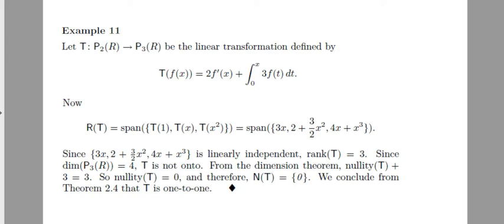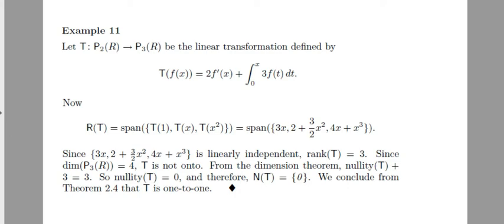You get these three vectors. Now, since these three vectors are linearly independent, the rank of T is equal to 3. The dimension of P3(R) is equal to 4, with basis 1, x, x square and x cube. So, since these two numbers are different, we get that T is not onto.